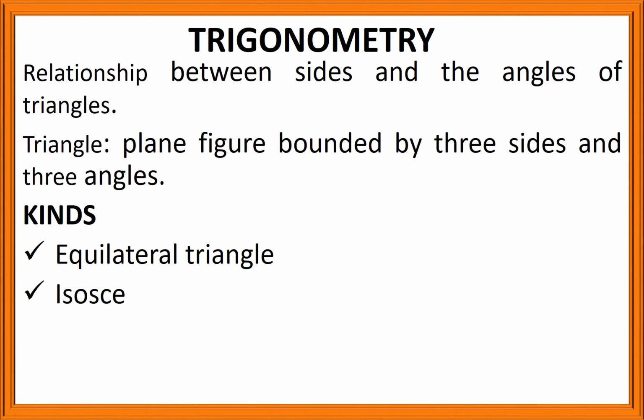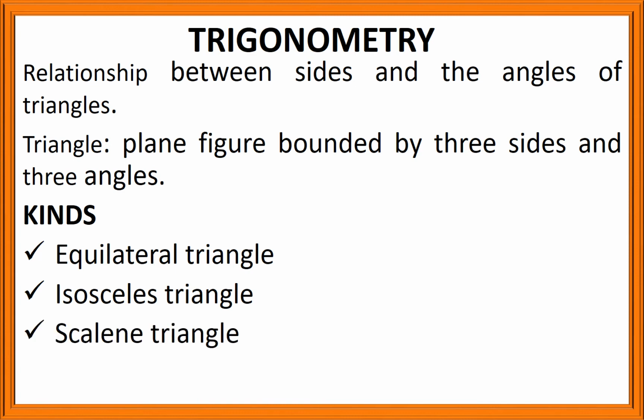We also have what we call the isosceles triangle, in which two sides and two angles are equal. Then we have the scalene triangle, where all the three sides are unequal and all the angles are unequal.